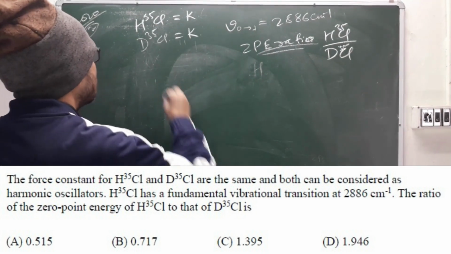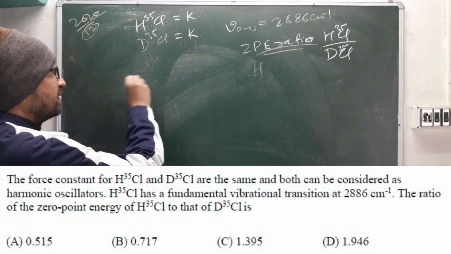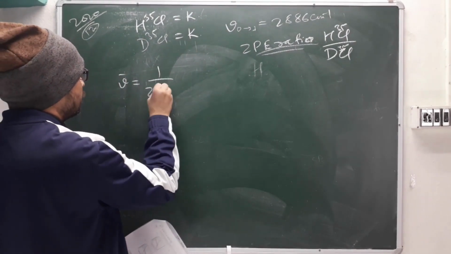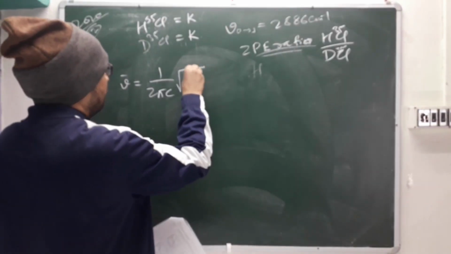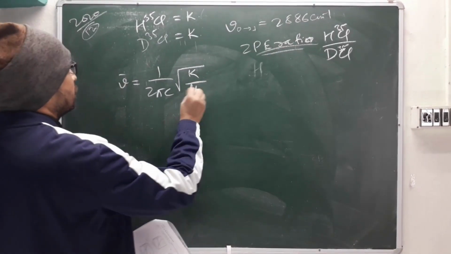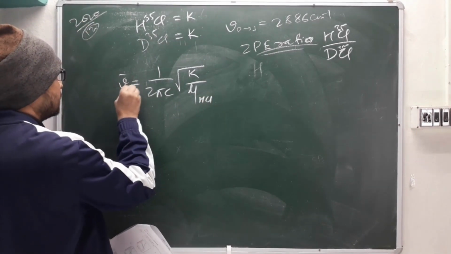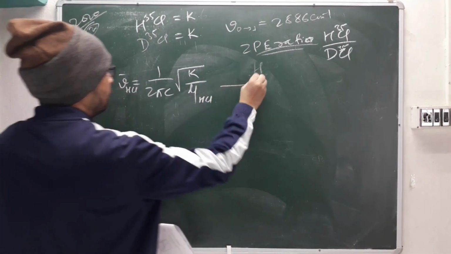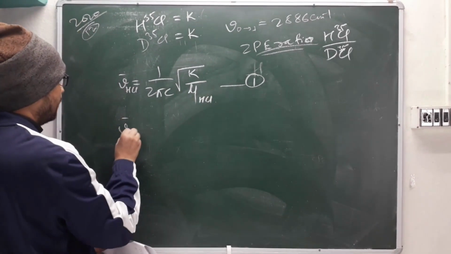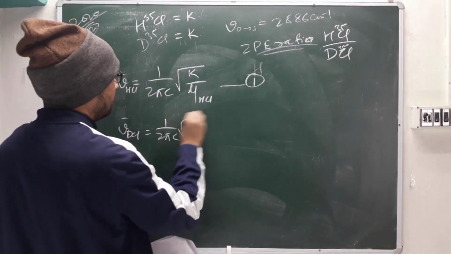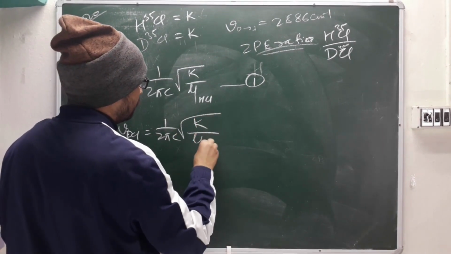So we know how the force constant will come: mu bar equals 1/2 pi c under root k by mu. This is equation 1 for HCl, and the second, equation 2, is for DCl: 1/2 pi c under root k by mu DCl.